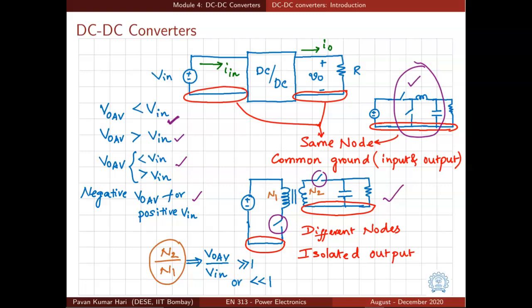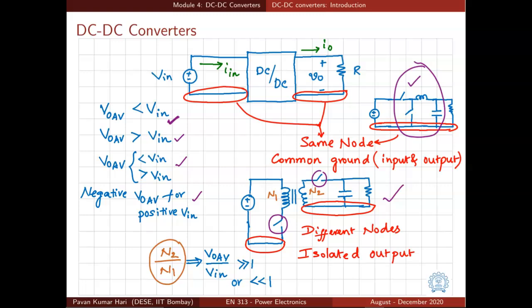So this whole thing, the two switches plus transformer plus capacitor, comprises the DC-DC converter now, and this type of converters are known as isolated DC-DC converters. And one advantage of these isolated DC-DC converters is that the input and output are isolated, they don't have a common ground.